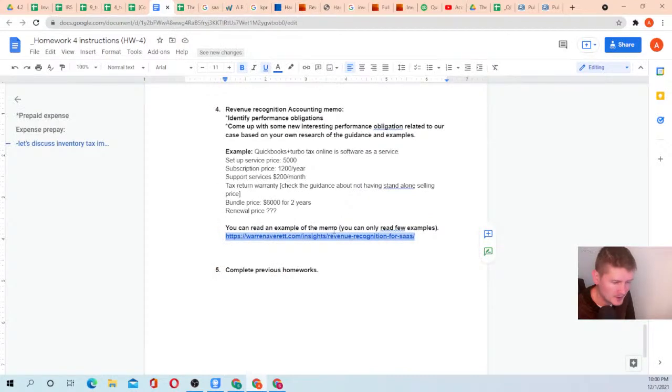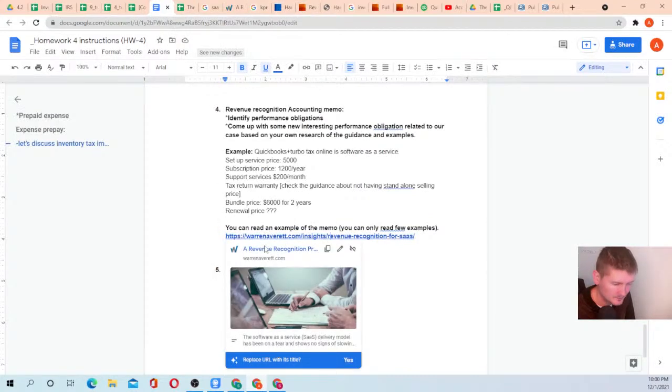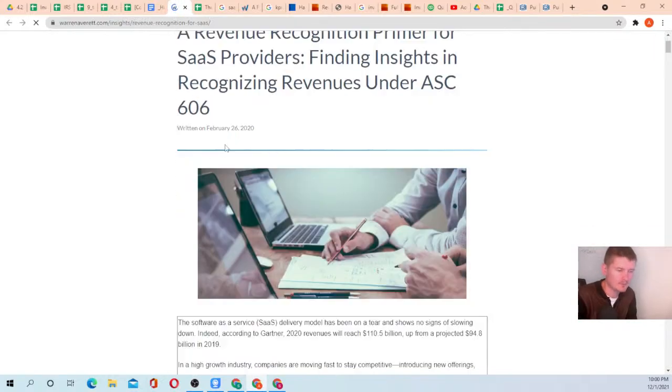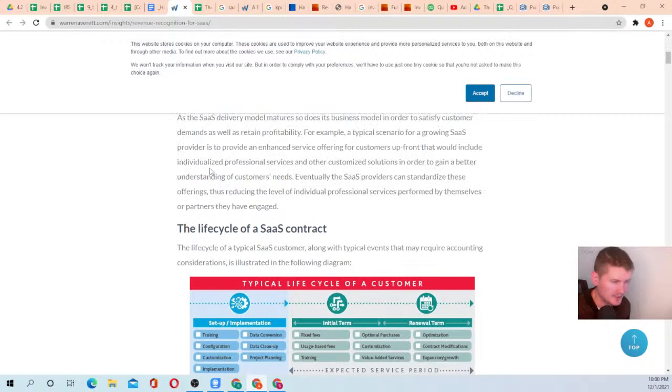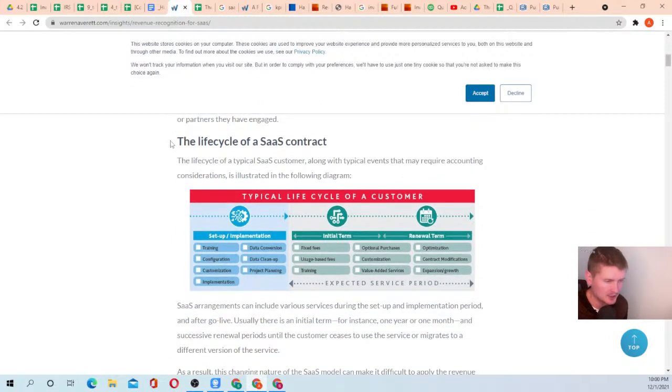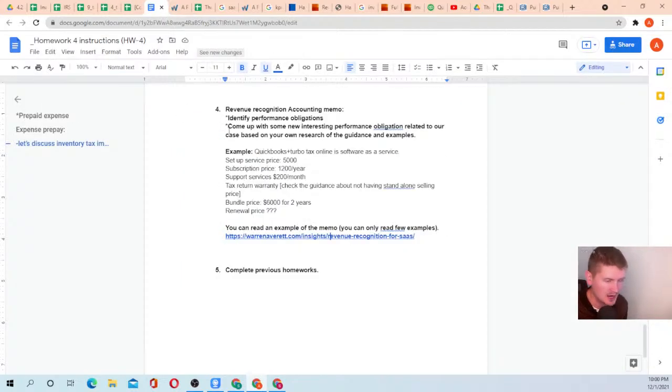And in that example, let's scroll down. We have an article here which describes the overall life cycle of the SaaS contract, and for our accounting memo, we picked a SaaS contract. We picked the company which is selling QuickBooks, and we came up with some imaginary details of the contract.